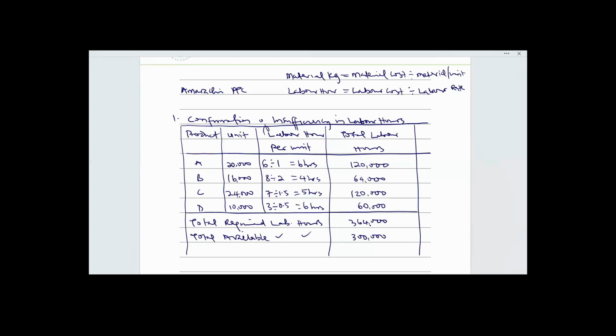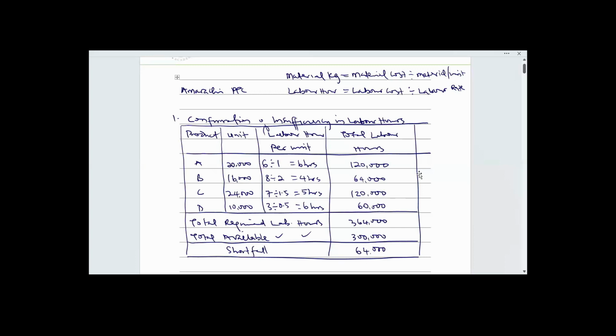So the difference represents either a shortfall or a surplus. So the difference is 64,000. What you need is 364. What you have is 300. Therefore, there's a shortfall. You don't have sufficient resources to produce.